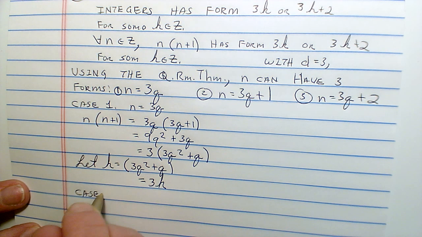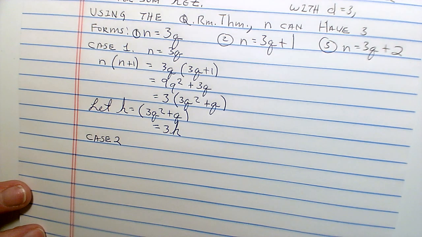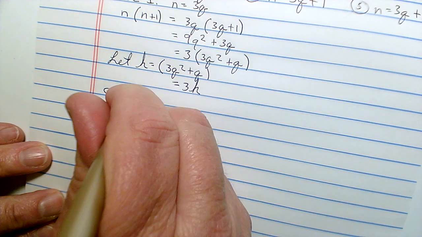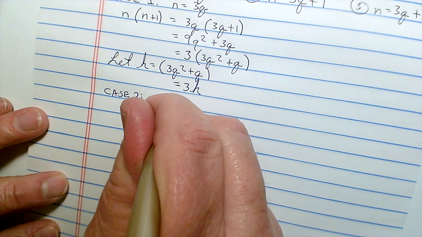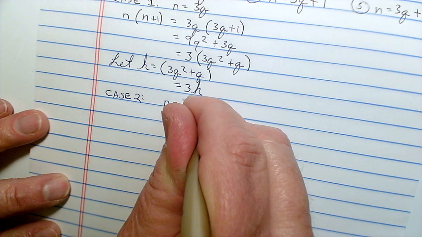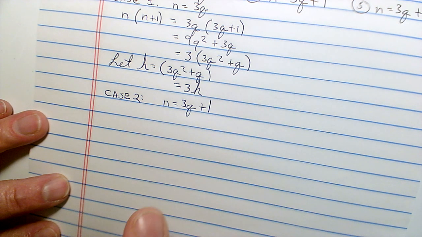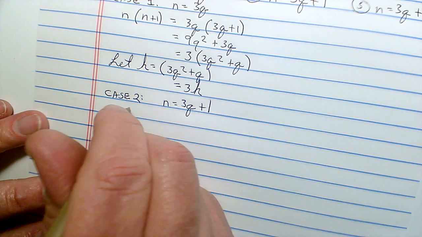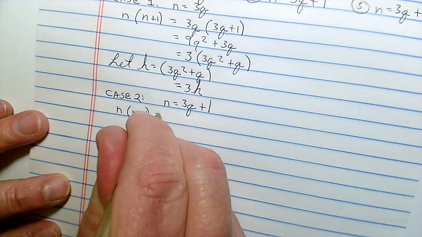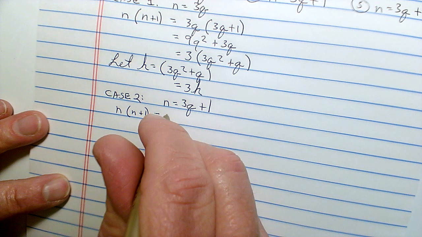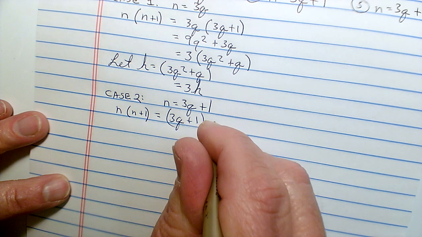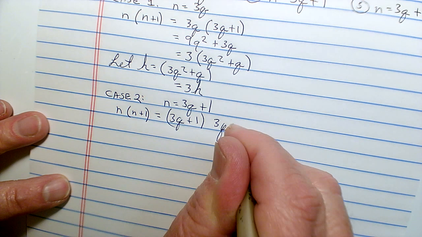Now let's look at the second case. In the second case, n is equal to 3 times some q plus 1. So now n times n plus 1 is going to equal 3q plus 1 times 3q plus 2.